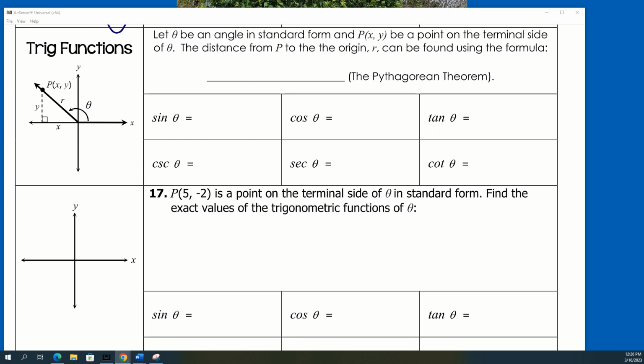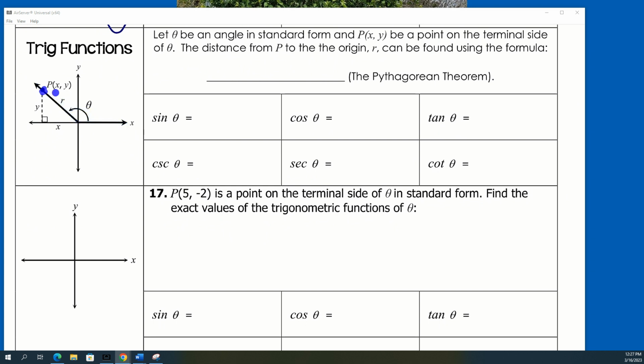And so we are going to let theta be an angle in standard position where there's a point called (x, y), and that point is on the terminal side of theta. So this is what we're talking about over on this side. So this is our angle here.